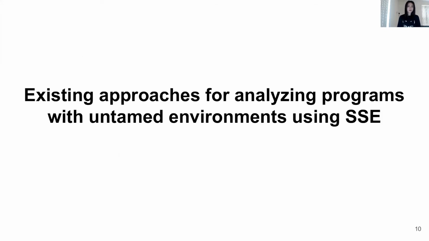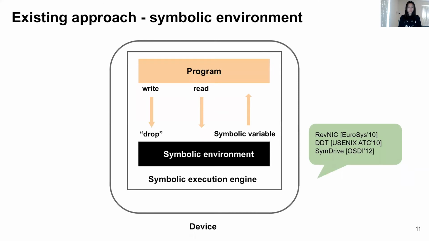There are two existing approaches for analyzing programs with untamed environments using SSE. The first one is symbolic environment. In this approach, it replaces the real environment with a symbolic environment. The symbolic environment simply drops any write operations from the program and returns a symbolic variable to a read operation.